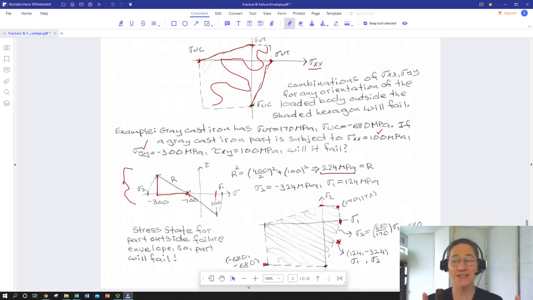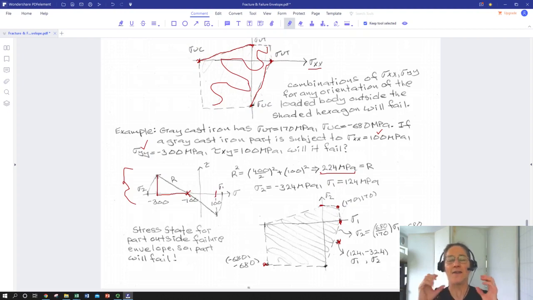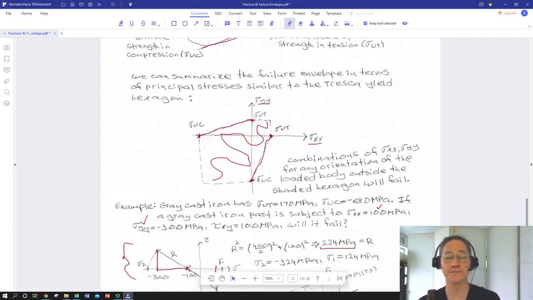Our combination of tension, shear, and compression that we applied was outside of the envelope that's defined to be non-failing, and that envelope was defined by uniaxial compressive and tensile stresses. But we used our stress transformations and the concept of our Tresca failure envelope, which were those tangents to our Mohr circle up here.